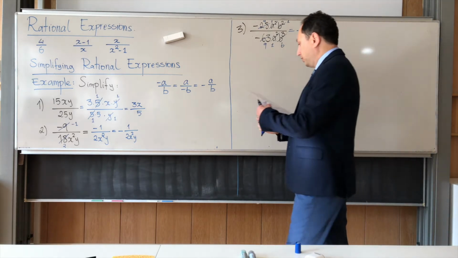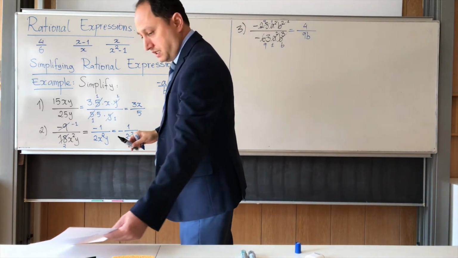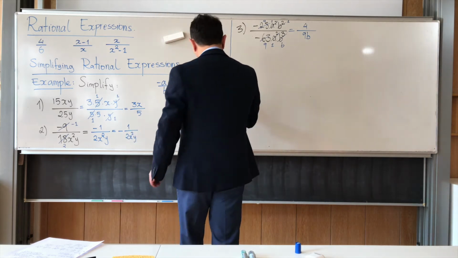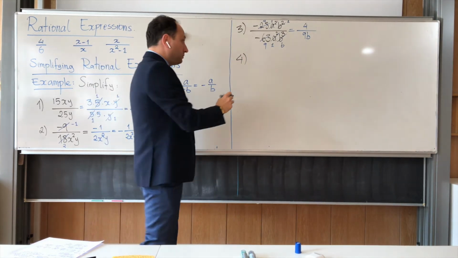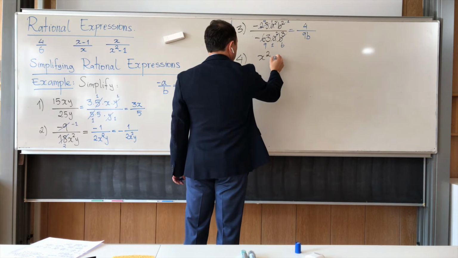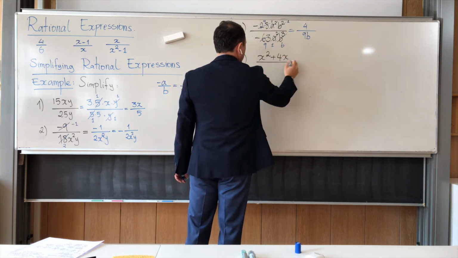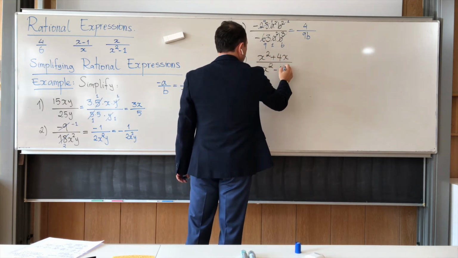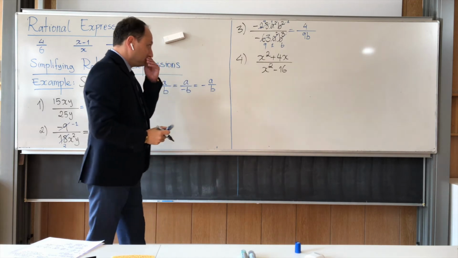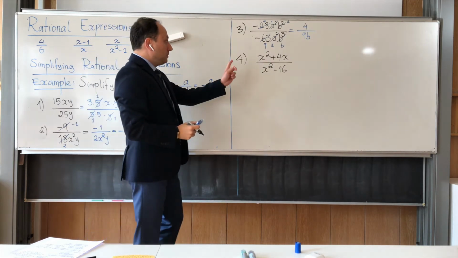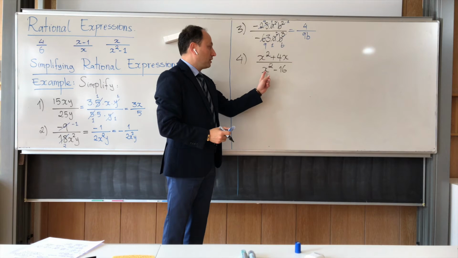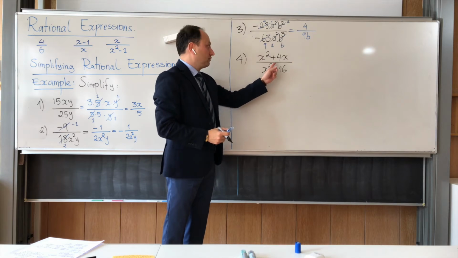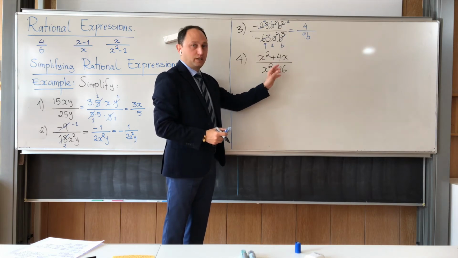Okay, number 4 is this expression, x squared plus 4x divided by x squared minus 16. Make sure that you understand none of these x's can be simplified by any one of these x's, and 4 cannot be simplified by 16. That's crucial.